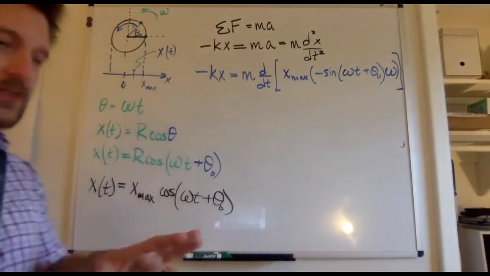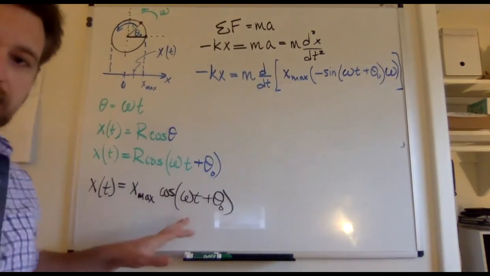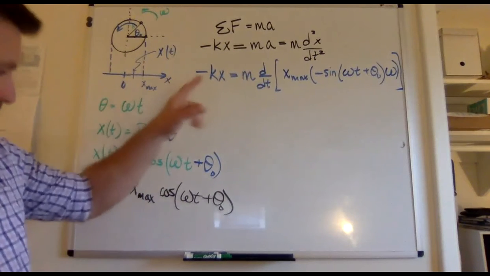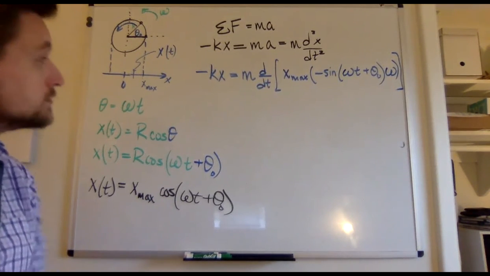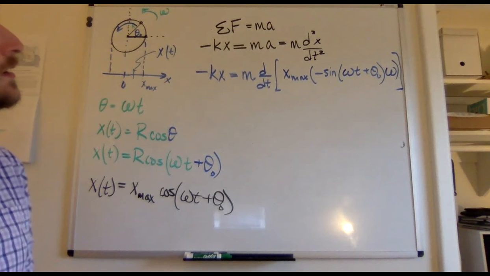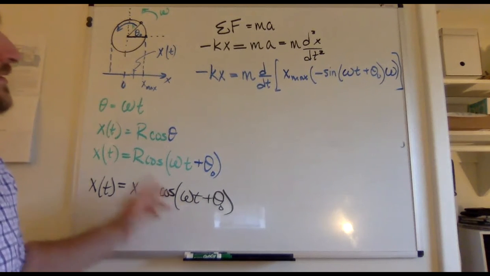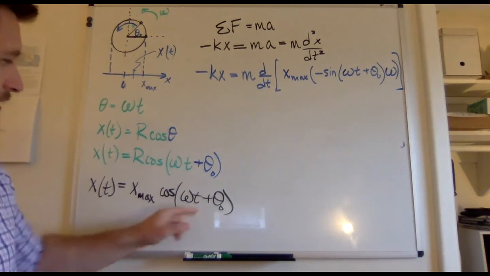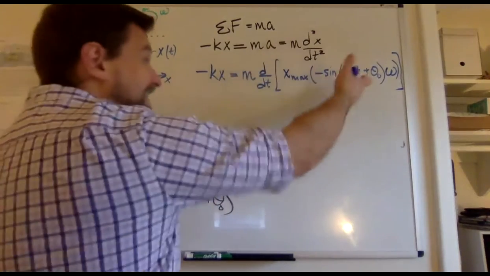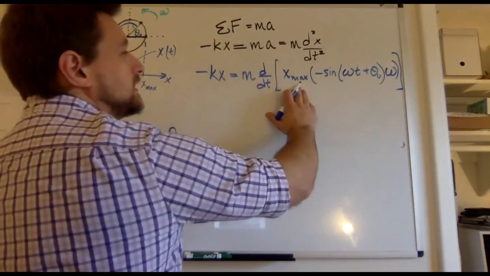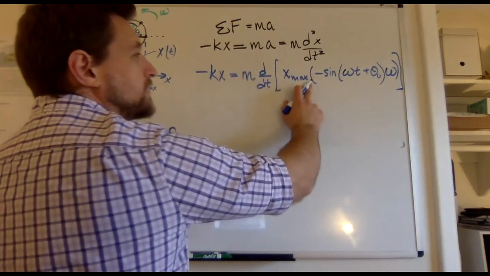We still need to take another derivative, but for now, take a second, make sure that that derivative goes like it's supposed to. Cosine's derivative is minus sine, keep the argument, and then, okay. All right, so now we need another derivative. Again, x max is just a coefficient.